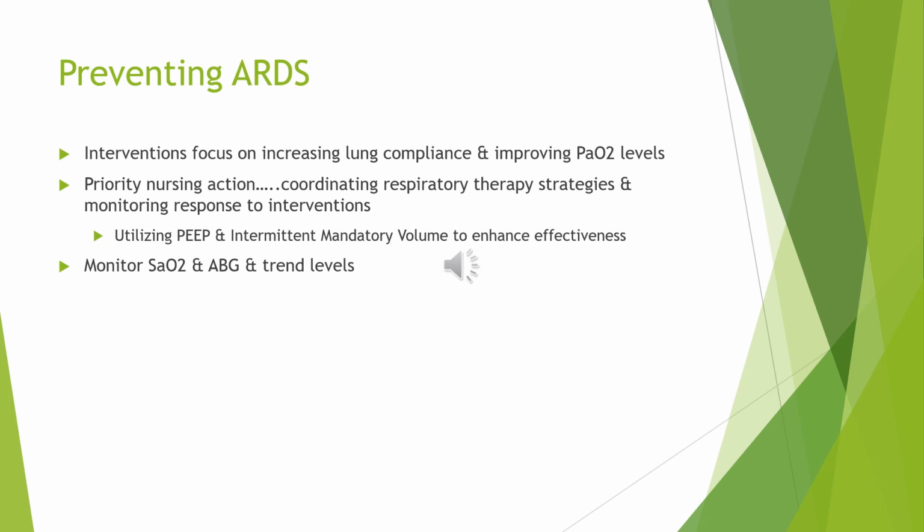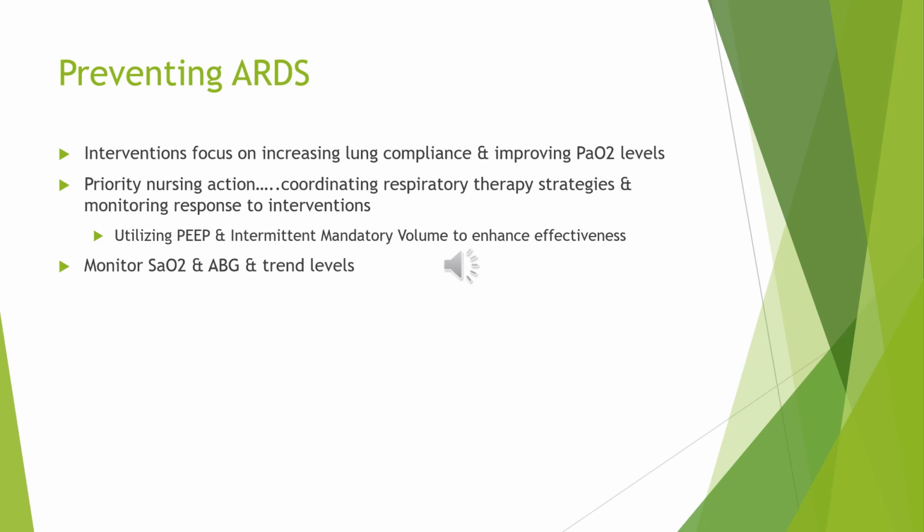And lastly, we want to prevent ARDS. So interventions that focus on increasing lung compliance and improving PaO2 levels are going to be important. Priority nursing actions will be coordinating with respiratory therapy strategies and also monitoring the response to any interventions that have taken place, utilizing positive end-expiratory pressure and intermittent mandatory ventilation to enhance effectiveness.